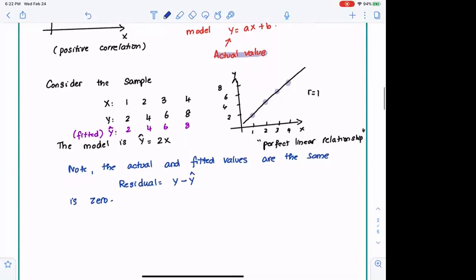So this is because of the fact that the relationship is not perfectly linear.